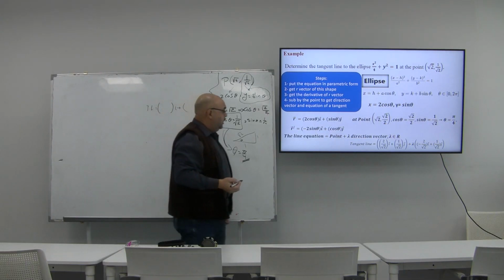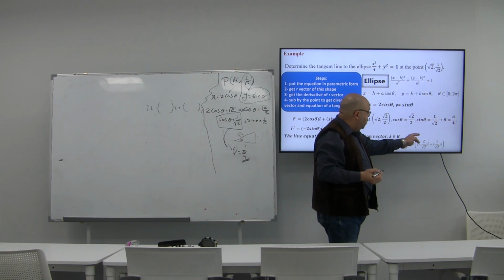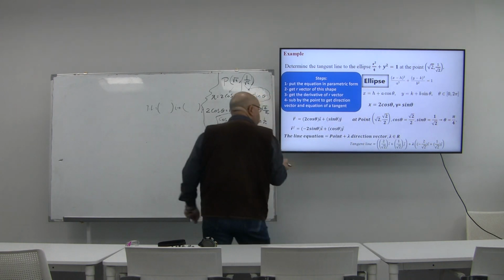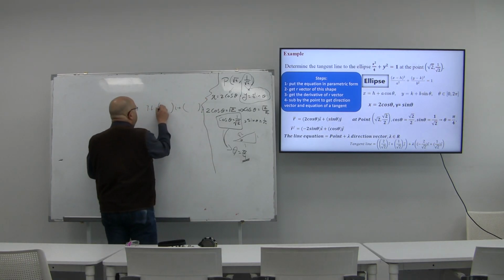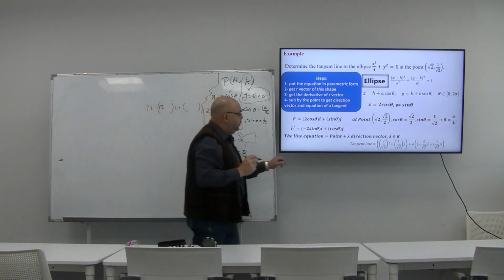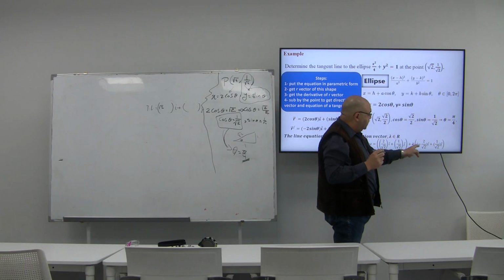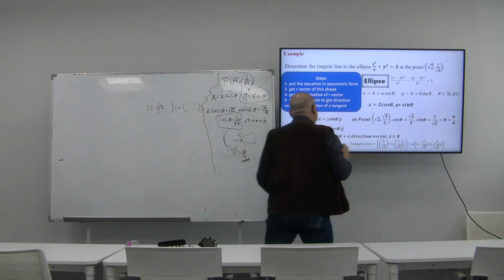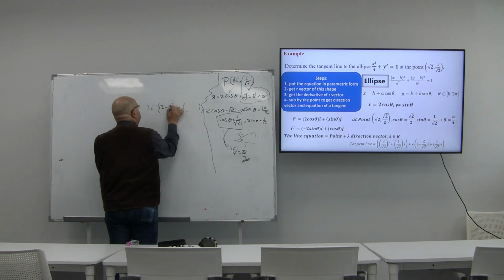For the x component in the point, plus lambda times negative root 2, it's going to be root 2 minus root 2 lambda.